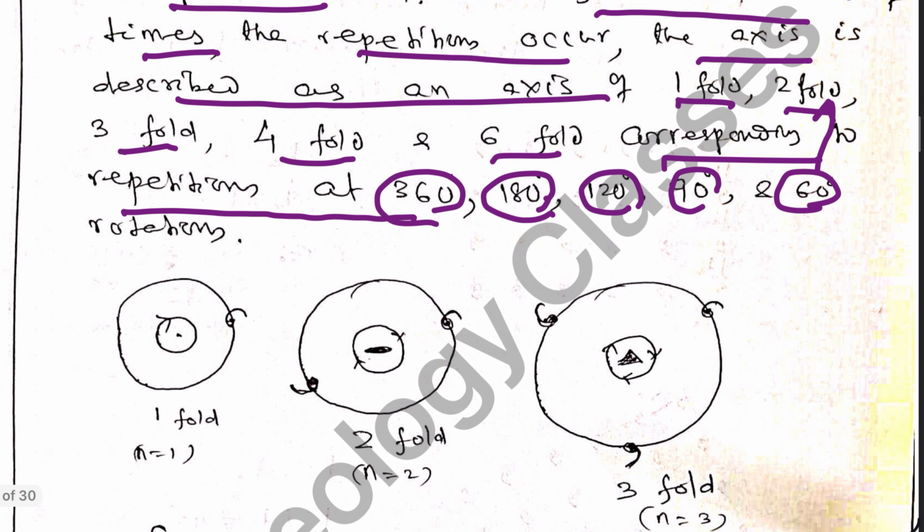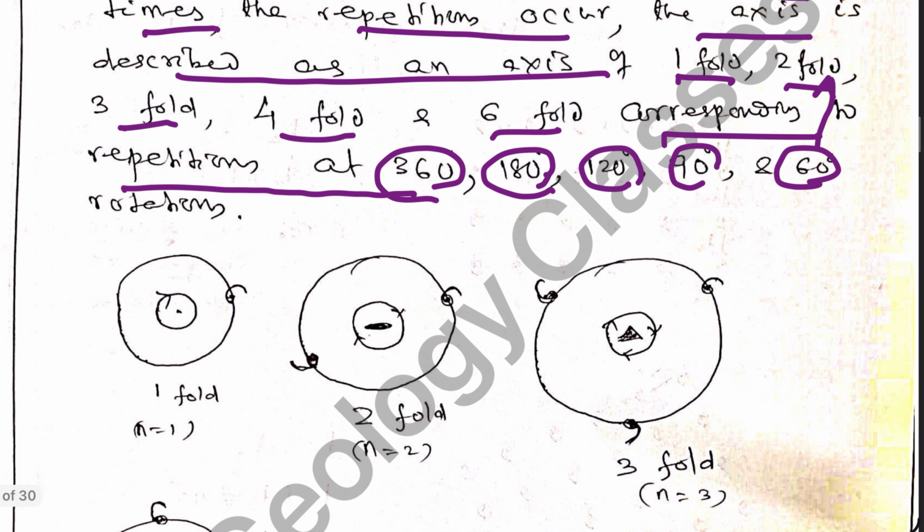There is no 5-fold axis of rotation, which can never give rise to a symmetrical arrangement. Let us say this is a motif.